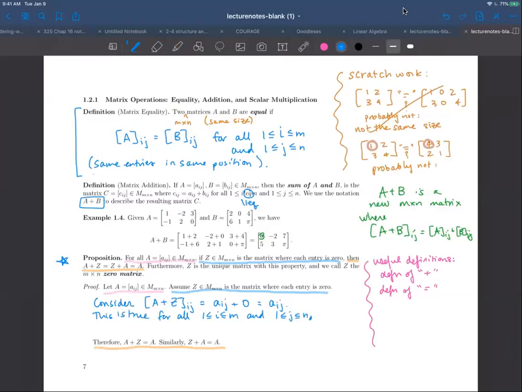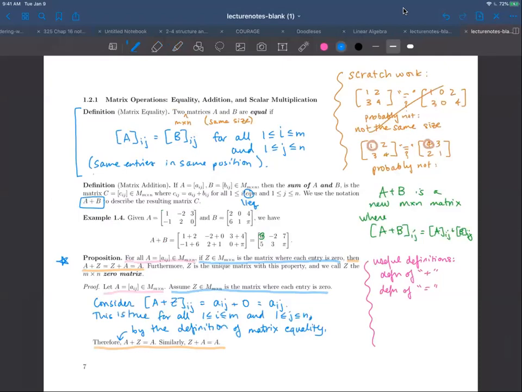So I could say therefore, and probably right after my therefore, by the definition of matrix equality, A plus Z equals A. And because nothing really exciting is going to happen when we switch A and Z, I'm okay if we just say similarly Z plus A is also equal to A. We don't need to make this as formal as a high school geometry proof.